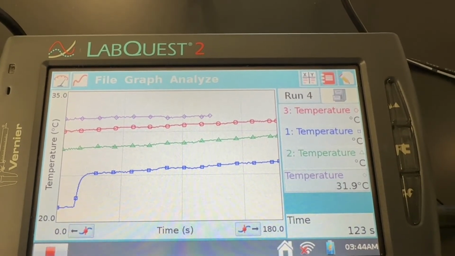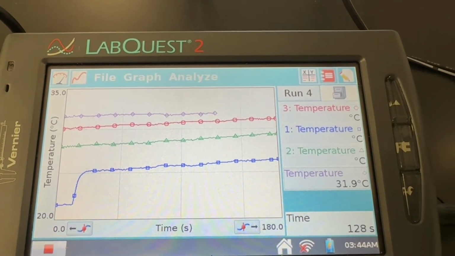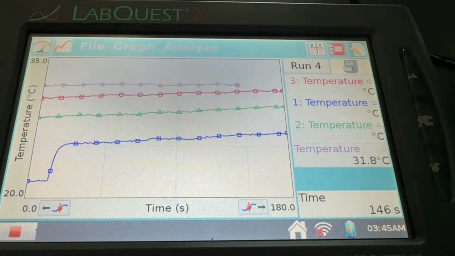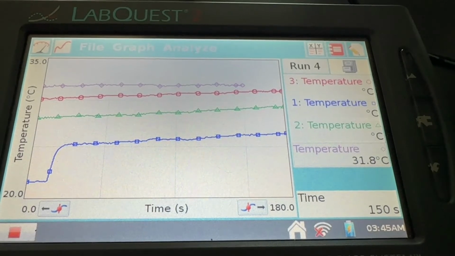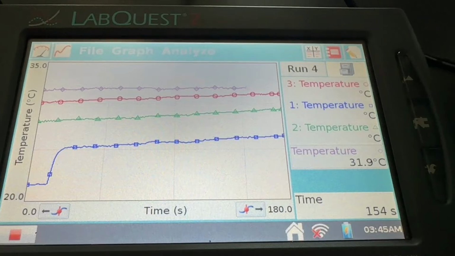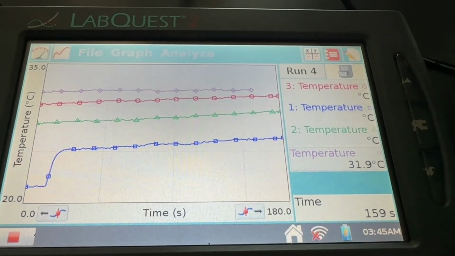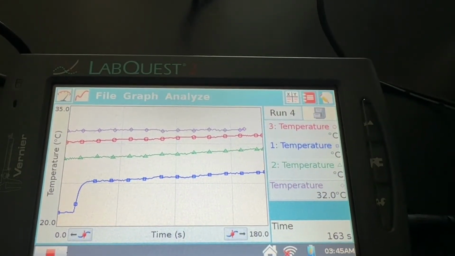And so you can see where we have a final temperature here after 12 minutes. Now we're up to about 32 degrees Celsius, comes back down to 31.9.